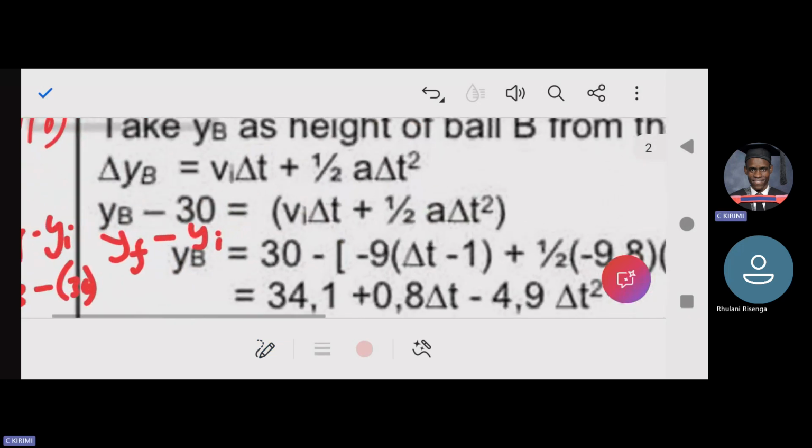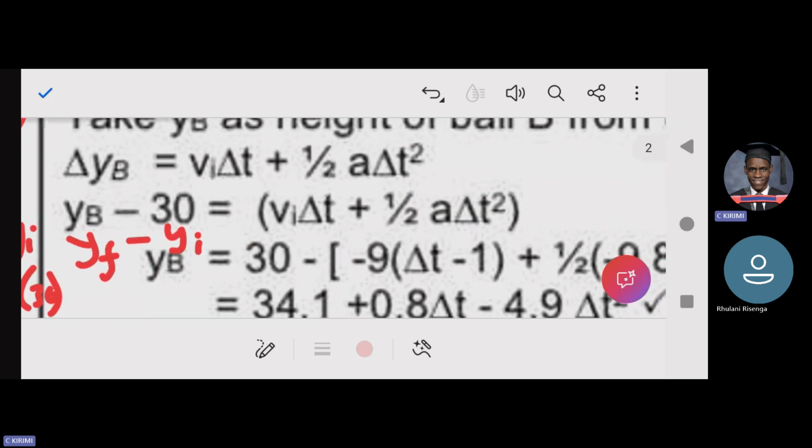Now we start substituting our values. We said in this situation, up is positive. So if you have a velocity which is coming downwards, it's represented by -9. That's where this 9 is coming from.